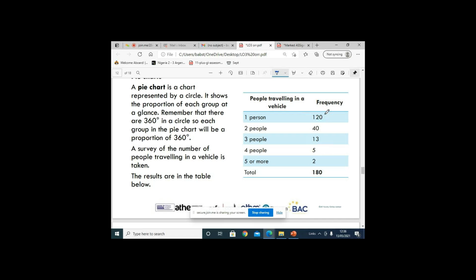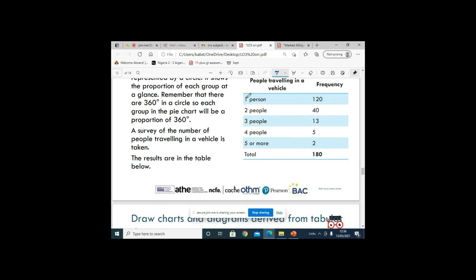Don't forget this frequency. Let's do the one for the first person first. I told you before, the sum of angles in a circle is 360. So you have to be able to divide those into proportions.